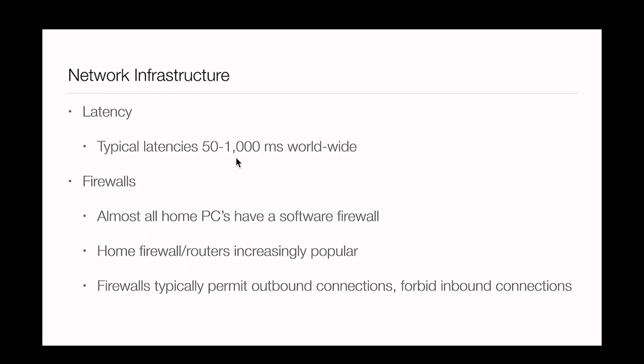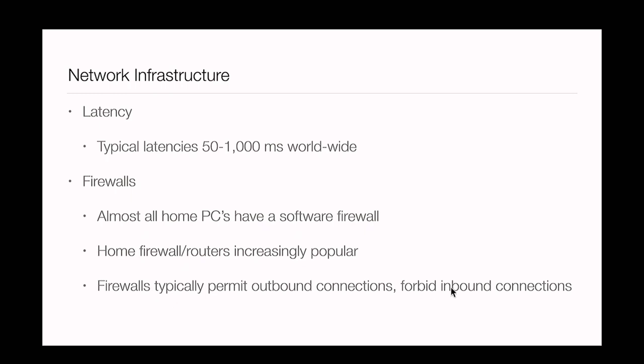There are other issues that you have to consider if you're actually making a game and trying to sell it in the real world. Almost everybody has some sort of firewall on their computer. It's usually installed by your operating system, and you normally don't have a choice. Your router might have a firewall on it, too. The firewall basically restricts what information can flow out and flow into your computer over a network connection.